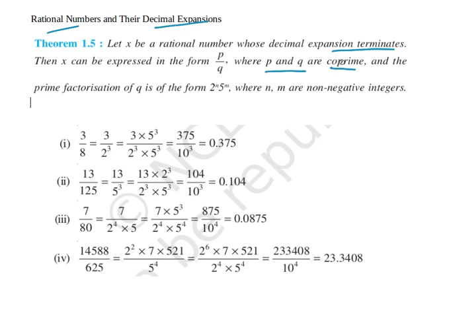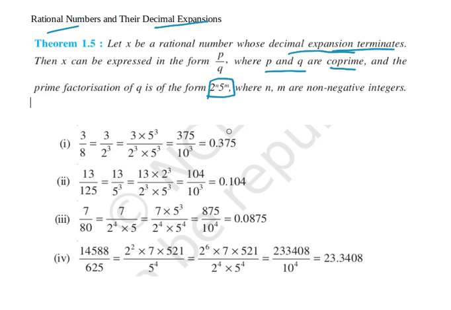So, if it is a rational number, what kind of decimal expansion will it have? There are two kinds of decimal expansion of a rational number.